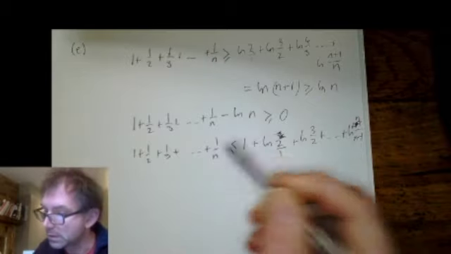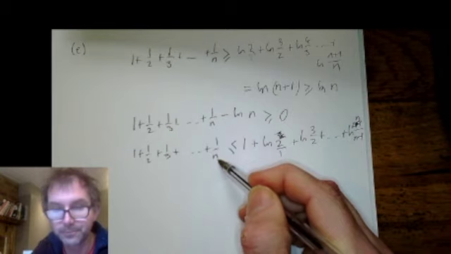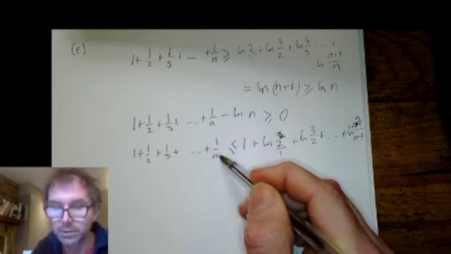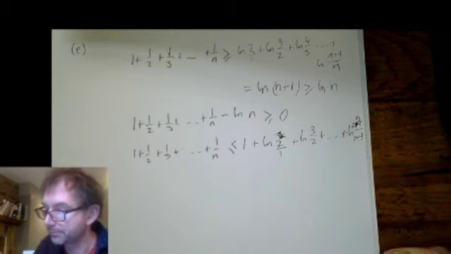Because this last thing, if I want to use D on it, I've got 1 over n, and I want to replace it with something bigger, I've got to put the n on the top and then put 1 less than it there. Okay.